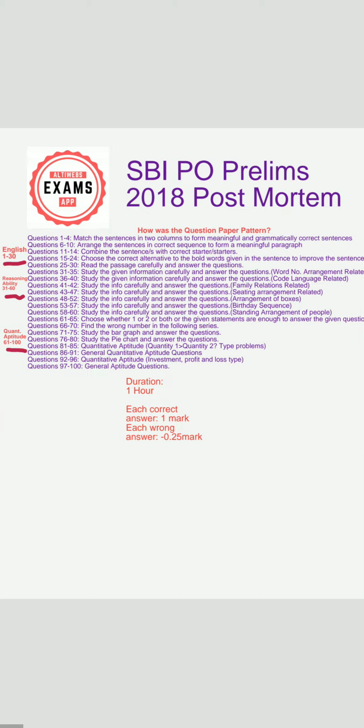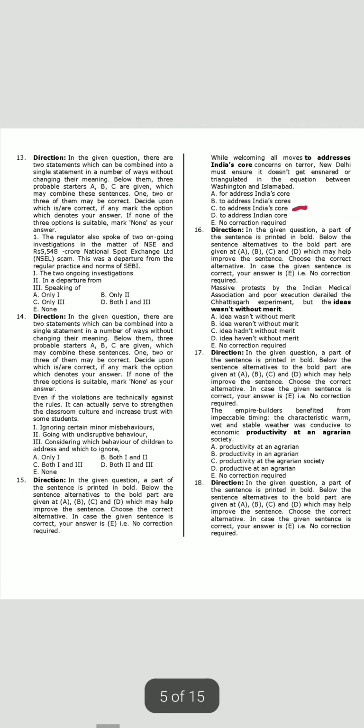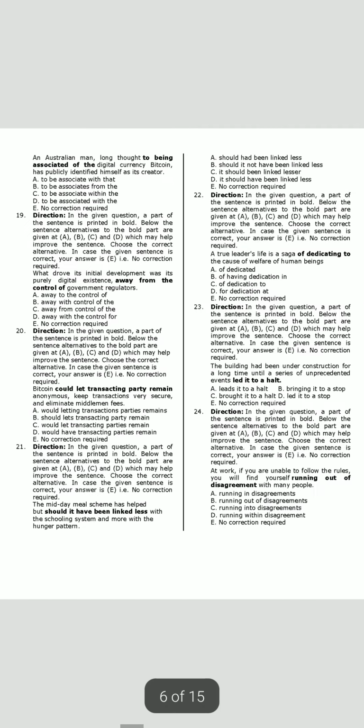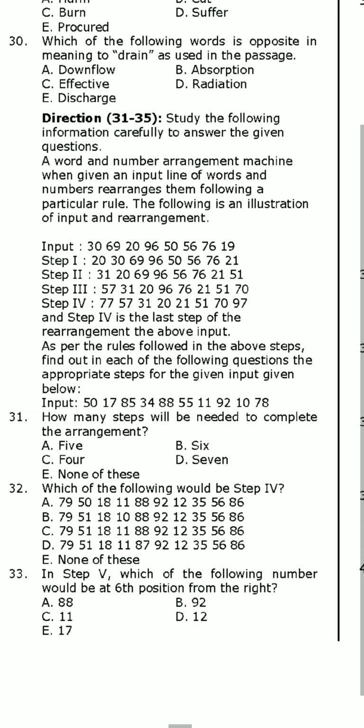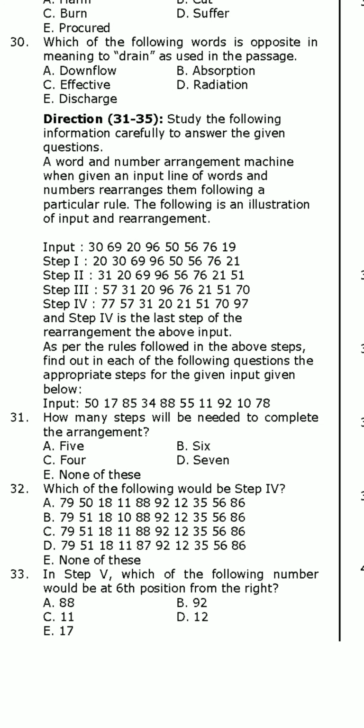Okay, so let me show you that particular thing, 31 to 35. So here we have 31st question. Study the following information carefully to answer the given questions. A word and number arrangement machine which given an input line of words and number rearranges them following a particular rule.